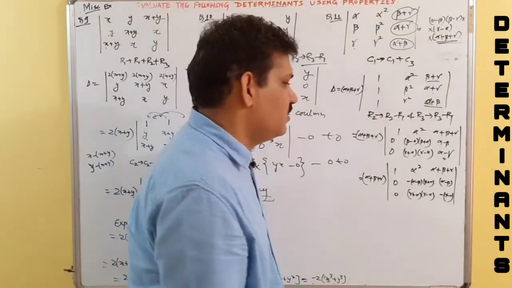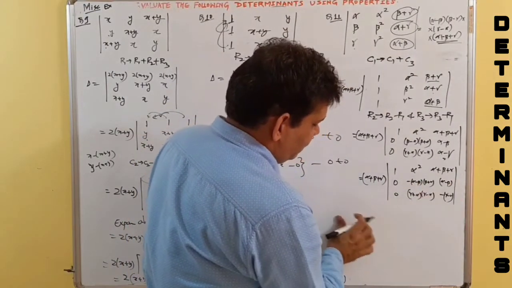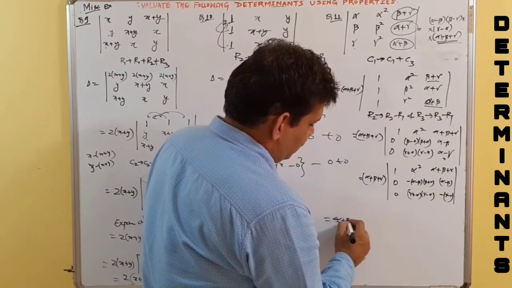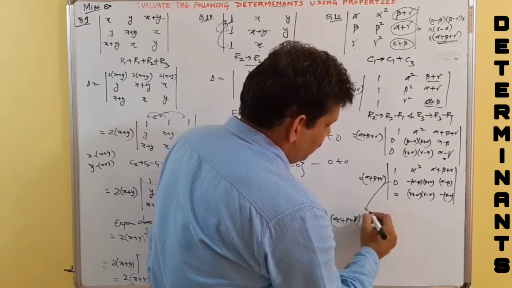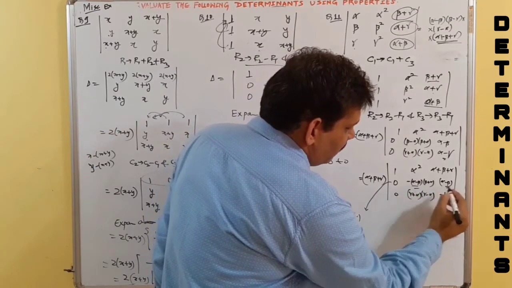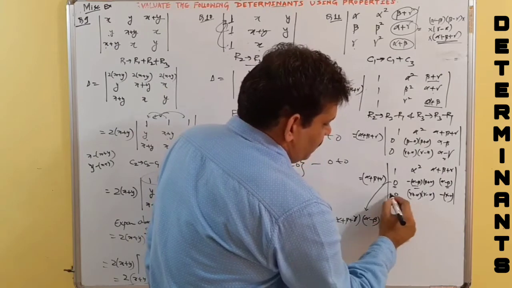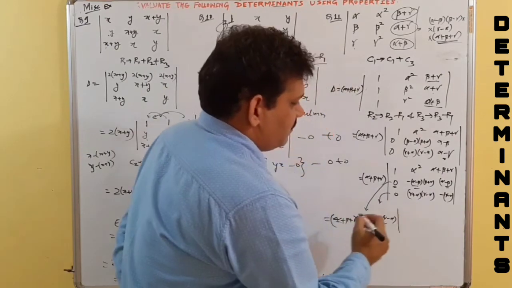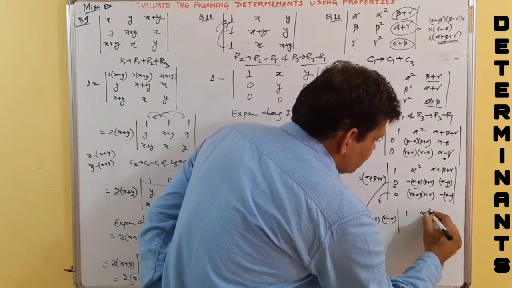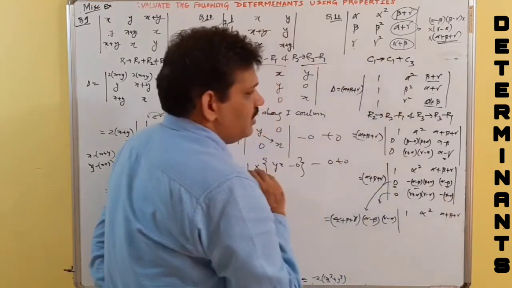Now what we do is, rather than expanding directly, we can take common first, then we will expand. So this will give me alpha plus beta plus gamma. From this row, what can you take common? Alpha minus beta. So alpha minus beta common. From this row, you can take gamma minus alpha common. What it gives? 1, alpha square, alpha plus beta plus gamma. Right?